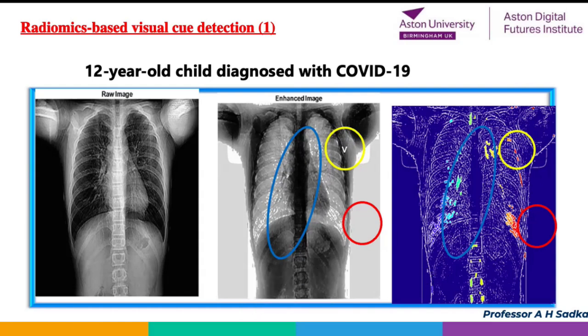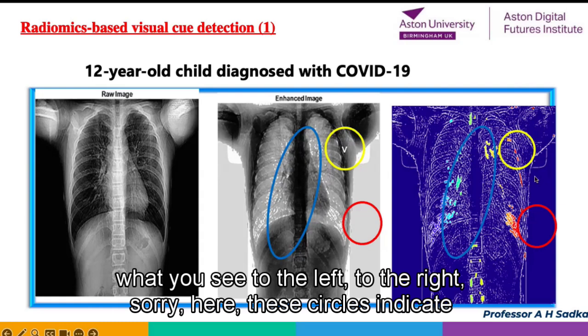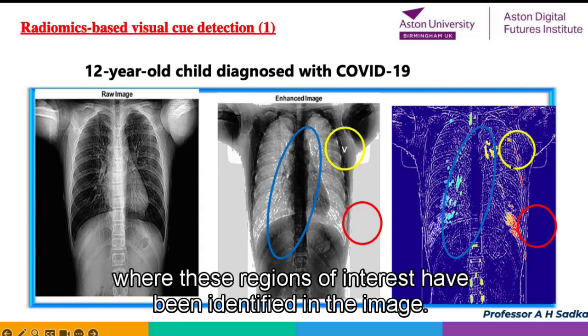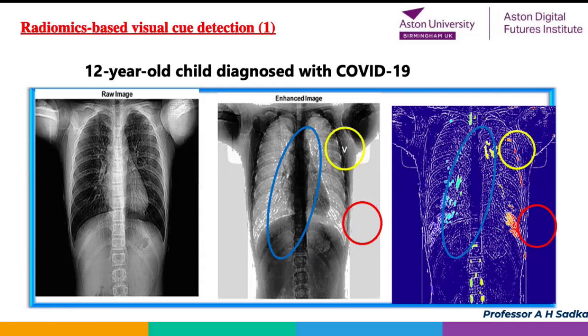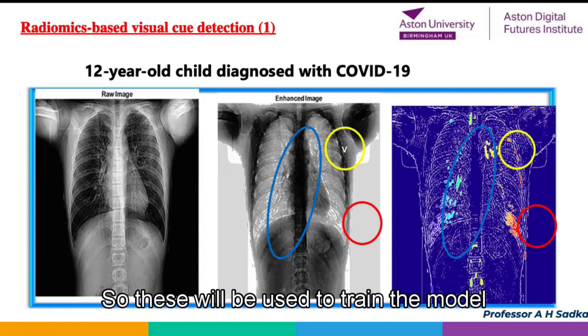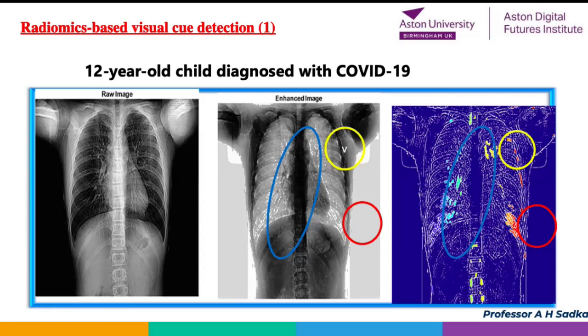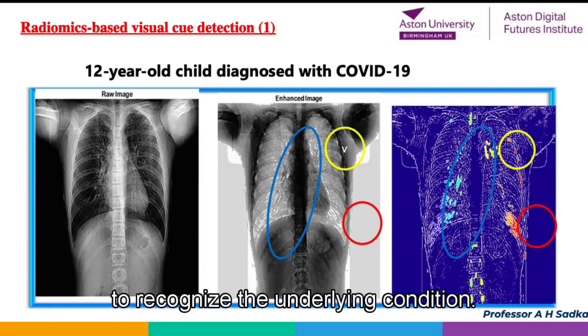And what you see to the right, these circles indicate where these regions of interest have been identified in the image. Now, those regions of interest would be absolutely important for the AI model at the final stage. So these would be used to train the model to recognize the underlying condition.